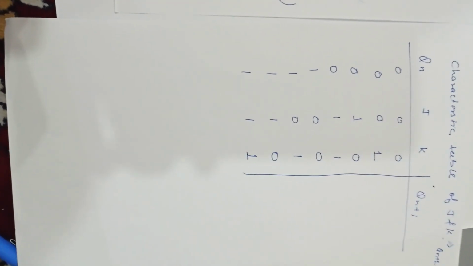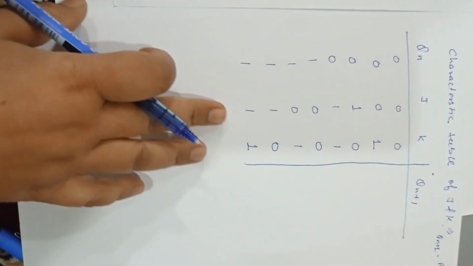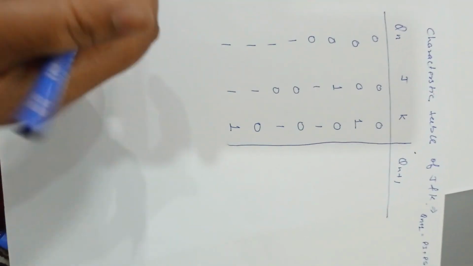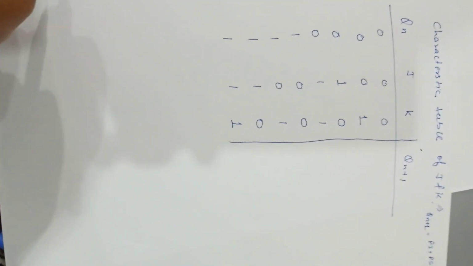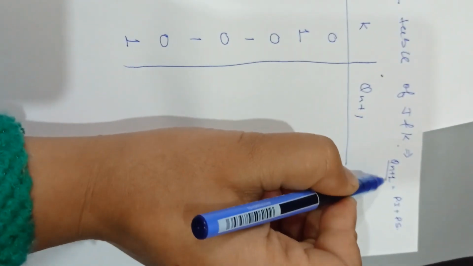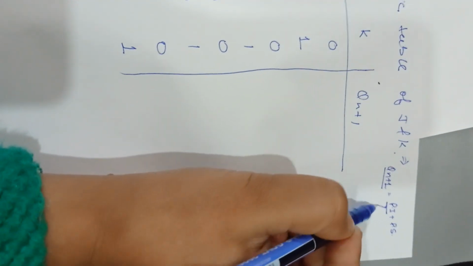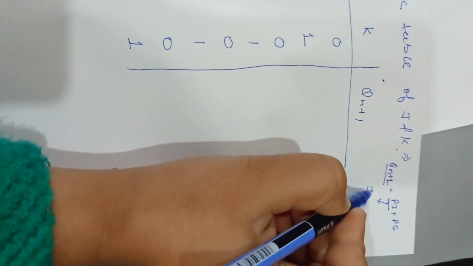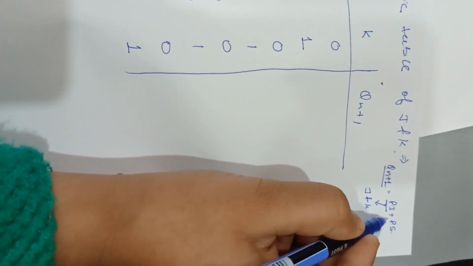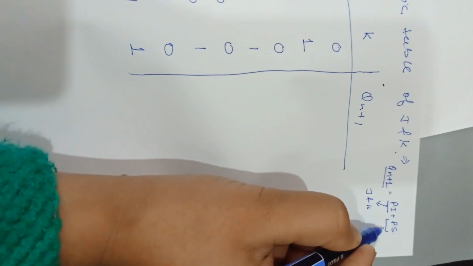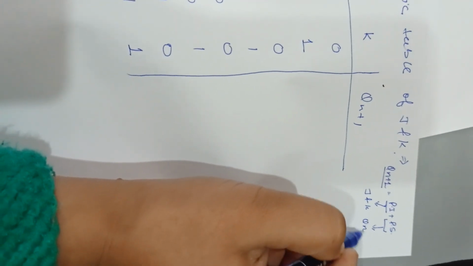In the characteristic table we have one output, Qn+1, which represents the next state. The next state depends upon the present inputs, J and K, and also upon the previous state, represented by Qn.